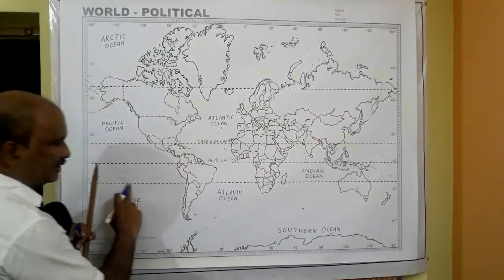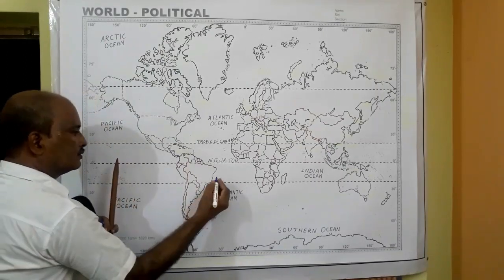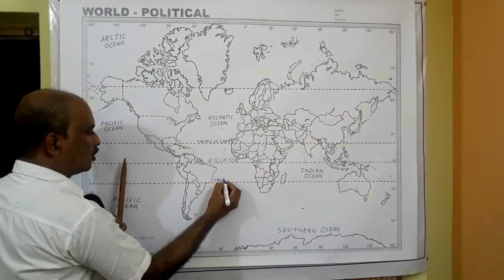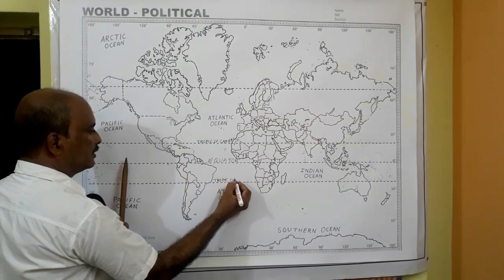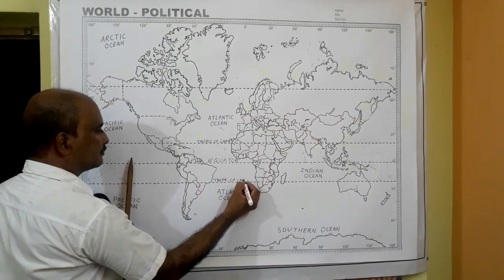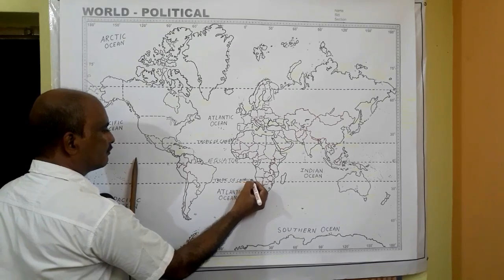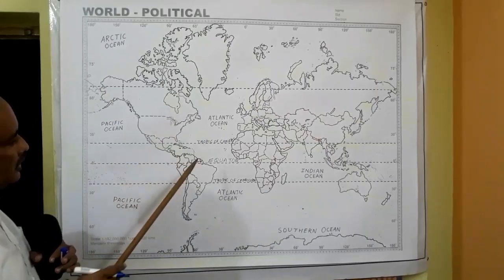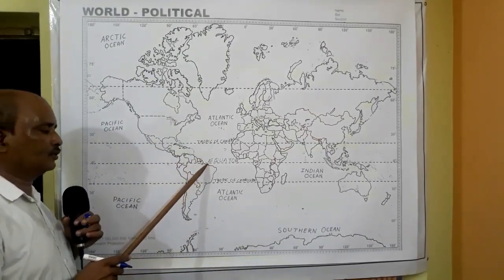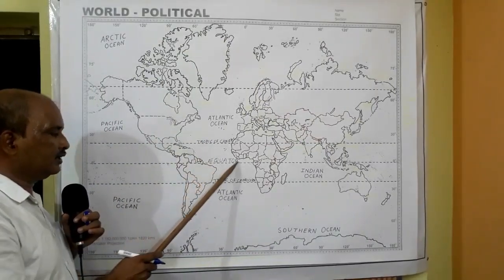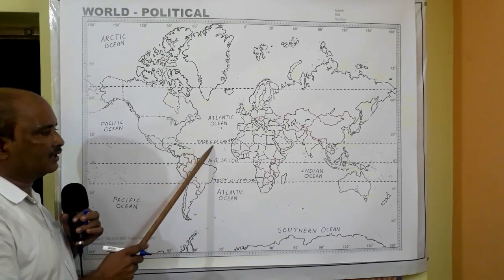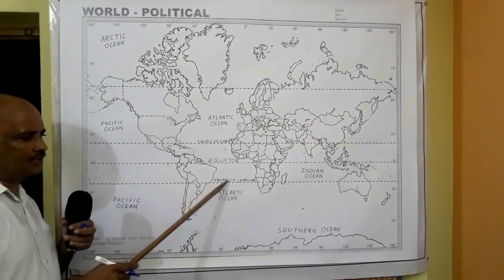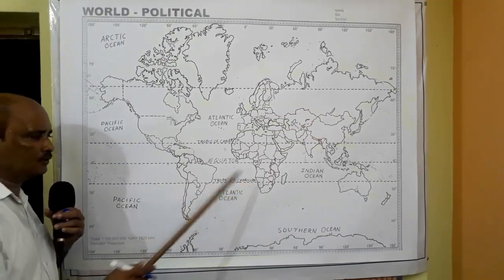Whereas the 23.5 degrees south is called the Tropic of Capricorn. Right. So here you can see that 0 degree latitude is the equator, 23.5 degrees north is the Tropic of Cancer, and 23.5 degrees south is the Tropic of Capricorn.